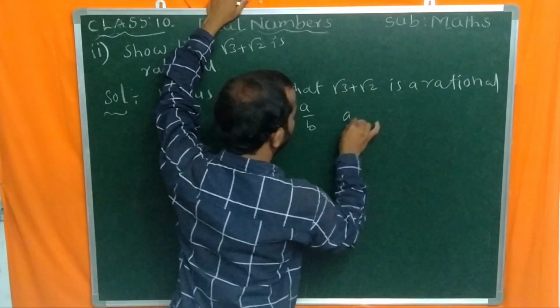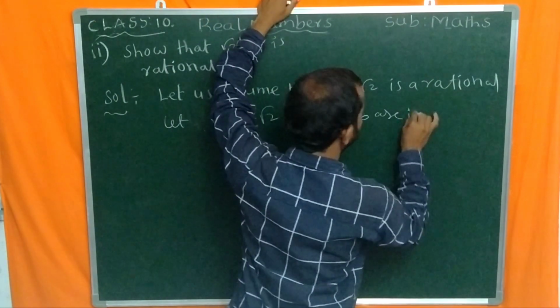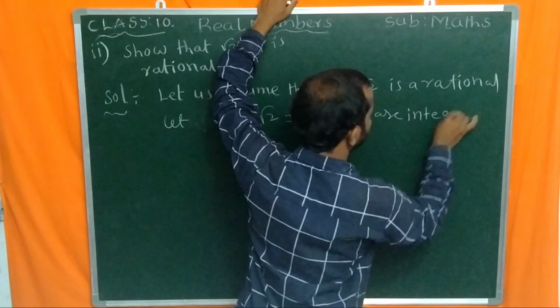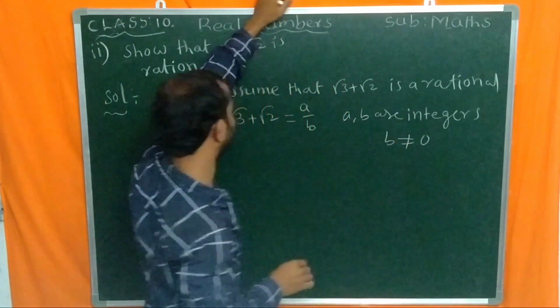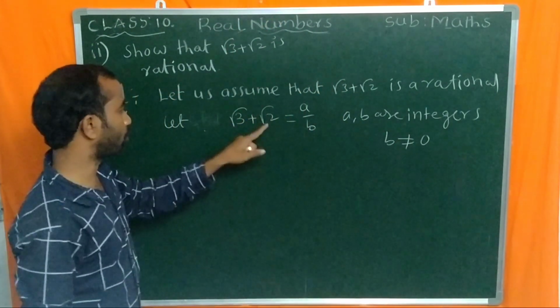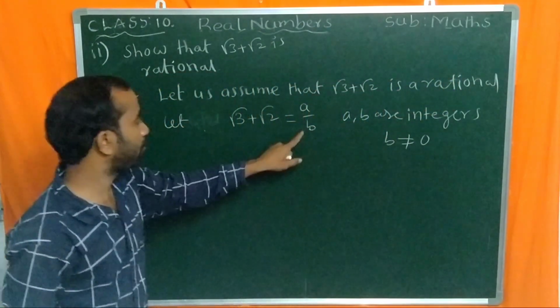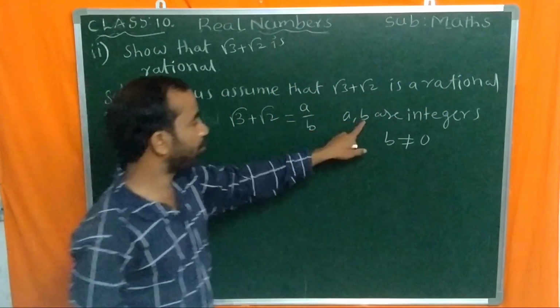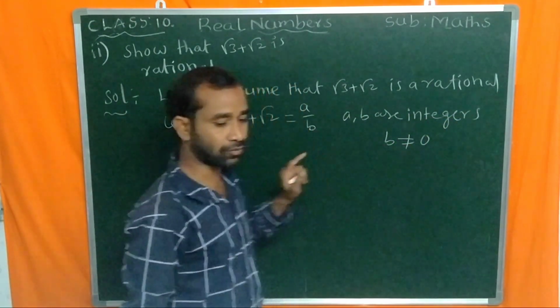Here a, b are integers and b does not equal 0. Rational means a by b form, where a, b are integers and b does not equal 0.